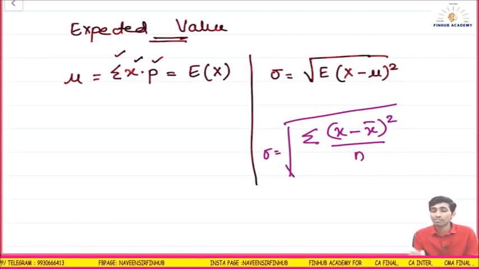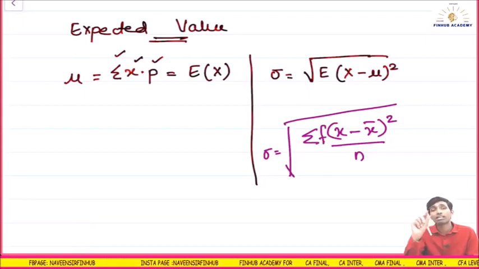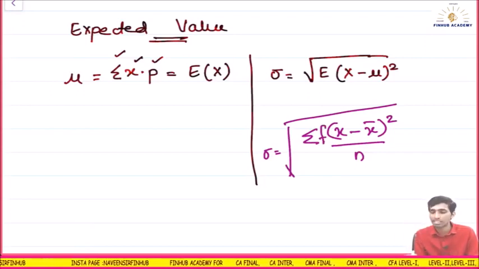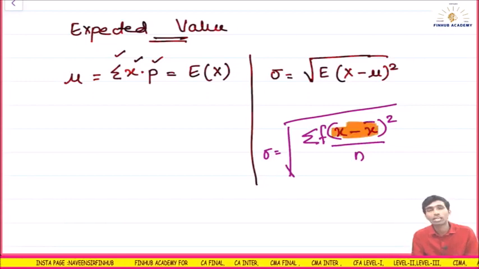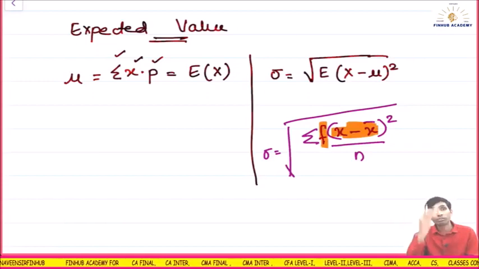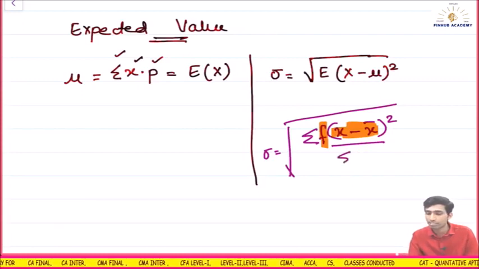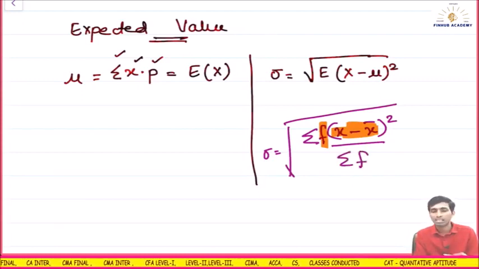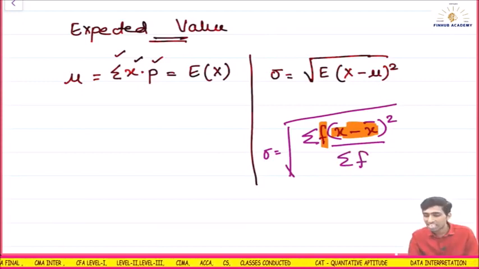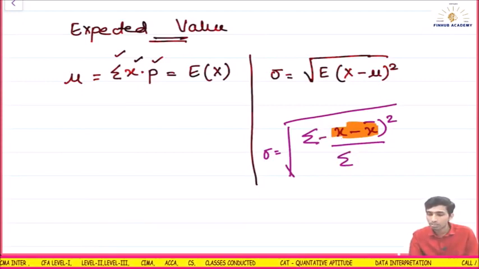Whenever there was frequency, if you remember the second chapter, what I said, you have to put here f times x minus x bar the whole square. Okay, and then you have to multiply by f, frequency: x minus x bar, that you calculate, take the square, then you multiply with what? F, and then you take the total. Okay, so that many columns you will have to make, and here in the base it will be summation of f whenever there is a frequency, correct. Now here what happened, frequency is equal to probability, I said, so that means f will be replaced by what? By probability.